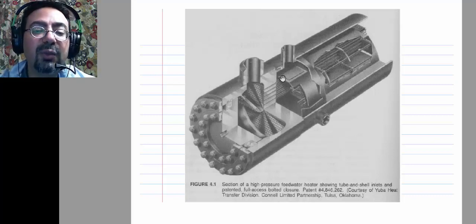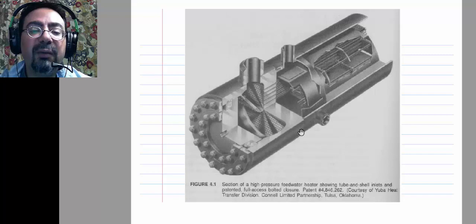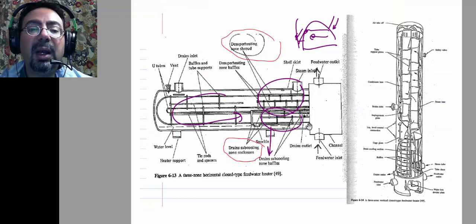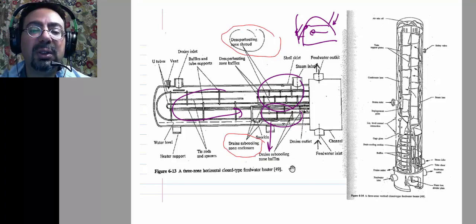So that's why usually very heavy steel is used on them. The other ones could be a little bit easier to build because they don't have that high pressure, and you can go 2 pass, for example. You can go like this and go back again, and some of them are vertical, some of them are horizontal.